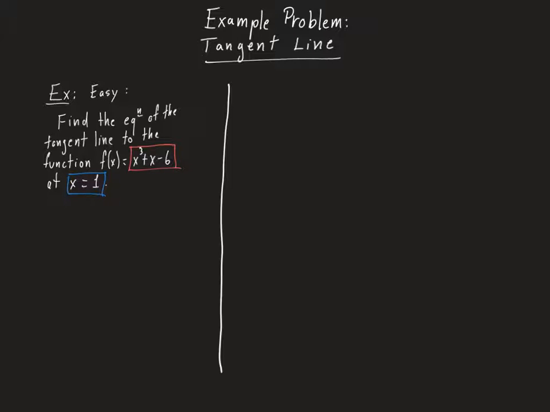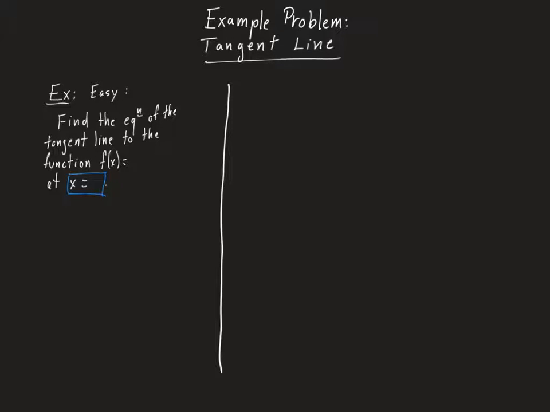Okay, so as usual, with these problems, the only thing that changes are going to be the equation for the function that we're given, and then also the point at which you're asked to find the equation of the tangent line.